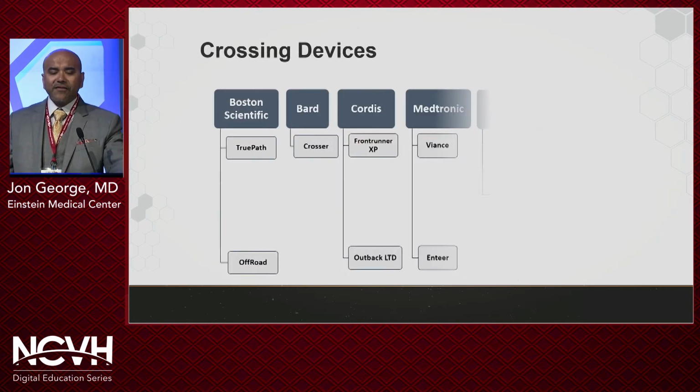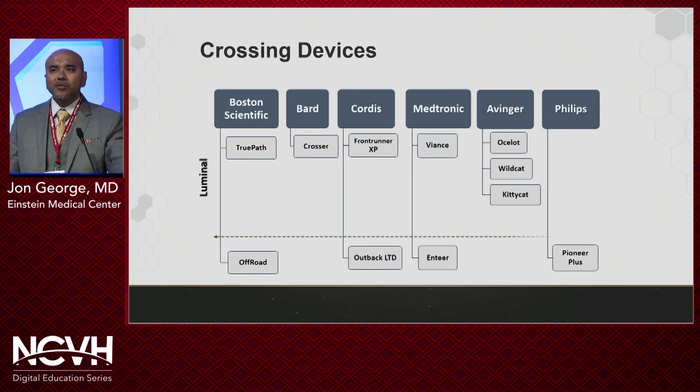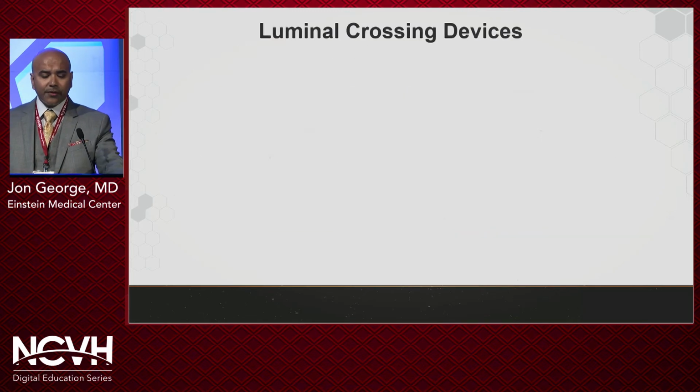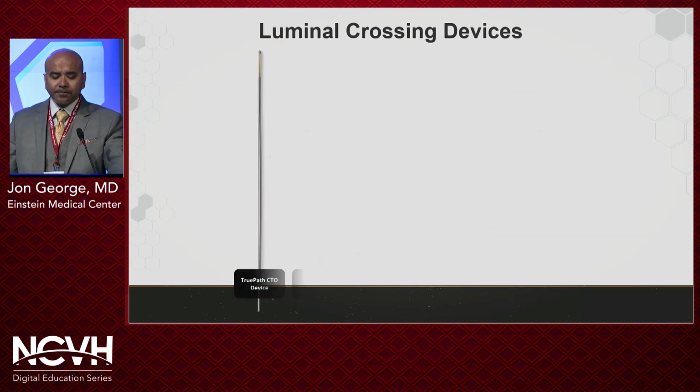So what kind of devices do we have to be able to cross? And there's a variety of them. And what's considered luminal crossing within all these different companies, we have a variety of devices. And if you go subintimal, we have a variety of reentry devices as well. And we'll go through them quickly.